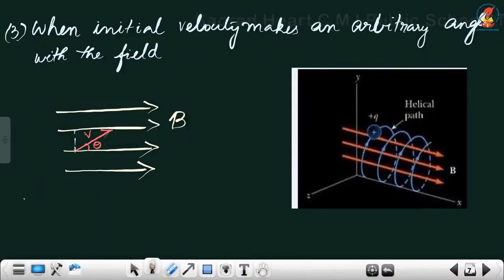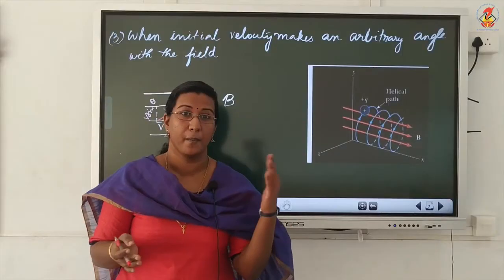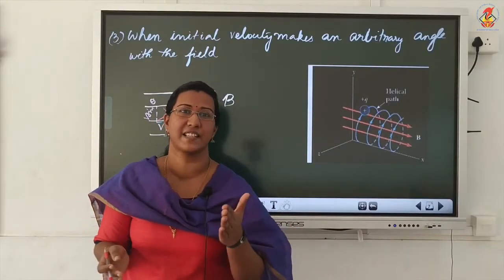One is perpendicular to the field and one is parallel to the field. The perpendicular component will be v sin theta and the parallel component will be v cos theta. So we are resolving the velocity into two components, v cos theta and v sin theta.